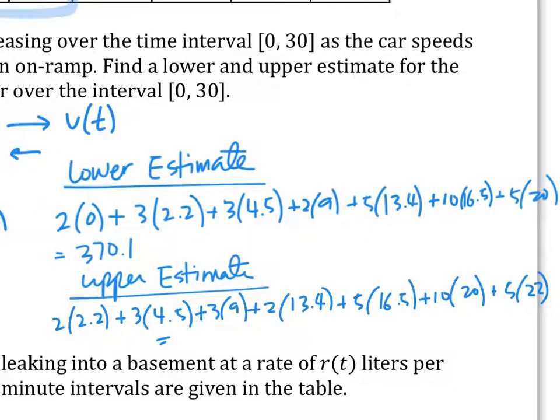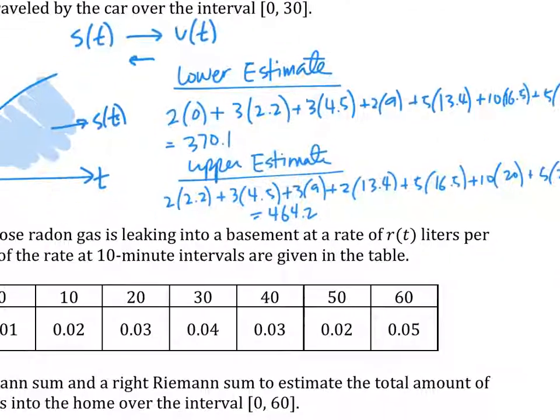Okay, the answer is 464.2. So this is what you do for the upper and lower estimate. All right, let's look at another question.